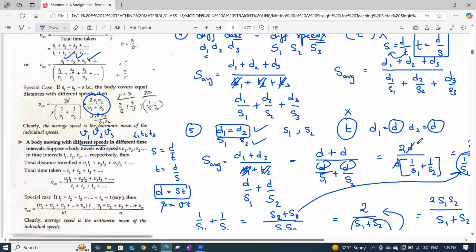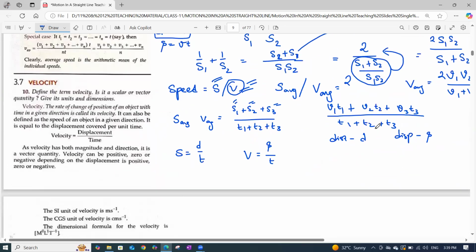Why? See, in a condition, the body is traveling from A to B in this direction, for example 2 meters. Now, if they ask what is the distance traveled by the body, you will tell it is 2 meters. If I ask what is the displacement of the body, we know displacement is a straight line drawn between the initial and the final point.